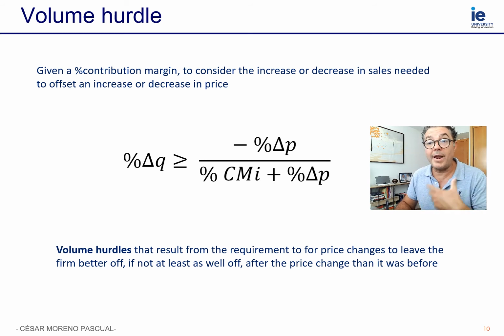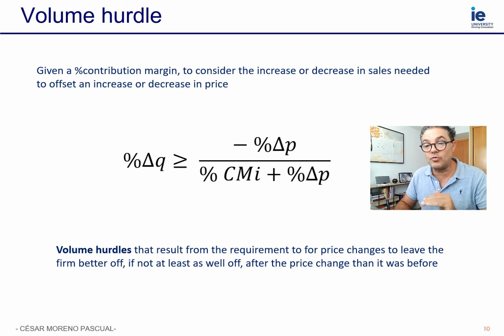So what is the increase or decrease in sales needed to offset that given increase or decrease in price? In that sense, if you decrease the price, you are going to experience an increase in volume. But of course, to be better off after this movement, the increase in volume should be over the given volume hurdle. Let's think the other way around.